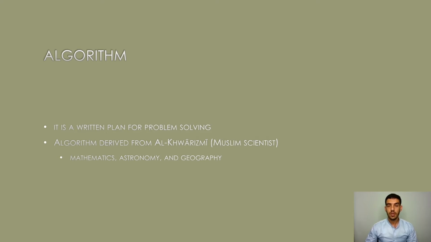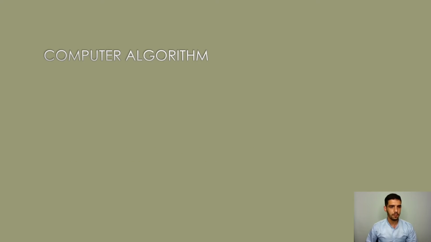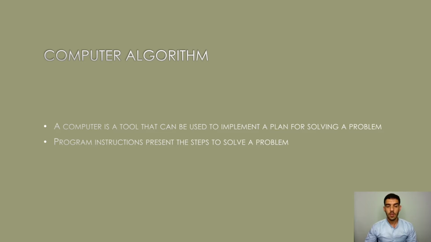The term algorithm derived from al-Khwarizmi, which is the name of a Muslim scholar who specialized in mathematics, astronomy, and geography. Talking about computer algorithms, first of all, we know that a computer is a tool or a device that helps us to do some tasks, or let's say to solve some problem. The programs that we write to solve the problem are represented in steps: step 1, step 2, step 3, or let's say code line number 1, line 2, line 3, and so forth.